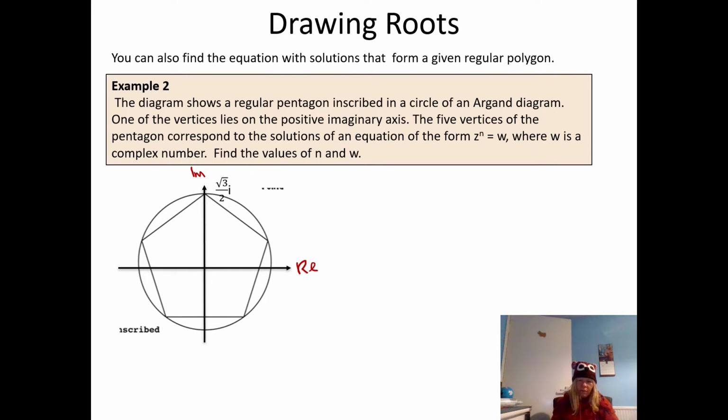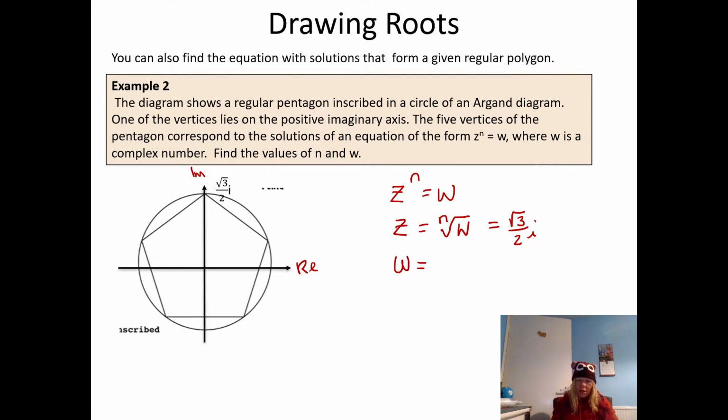So what we do know is that z to the n equals w. So z equals the nth root of w. And one of those answers is going to be root 3 over 2 i. Now what that means is that if we did this to the power n, we'd get w.